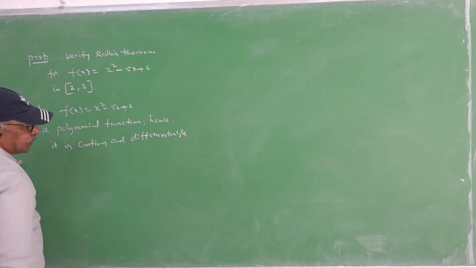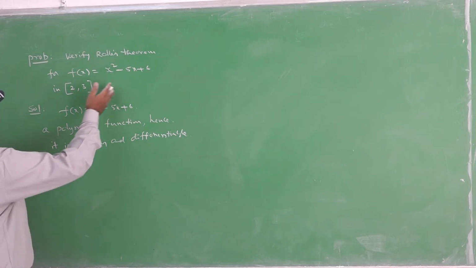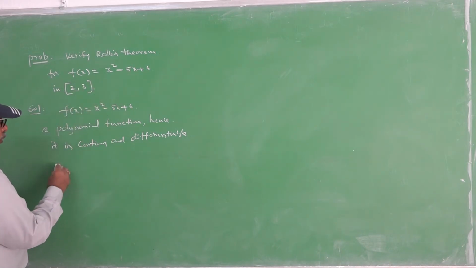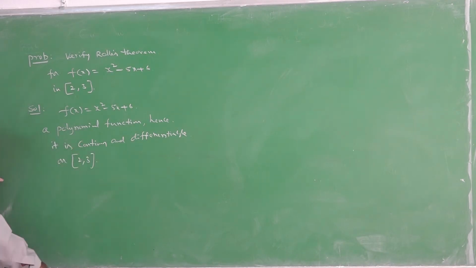Every polynomial function is continuous and differentiable over the set of all reals. Hence, it is continuous and differentiable on 2, 3 itself. In between 2 and 3 also, it is continuous and differentiable because it is everywhere continuous and differentiable.